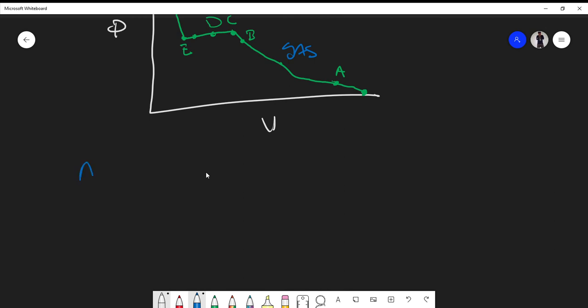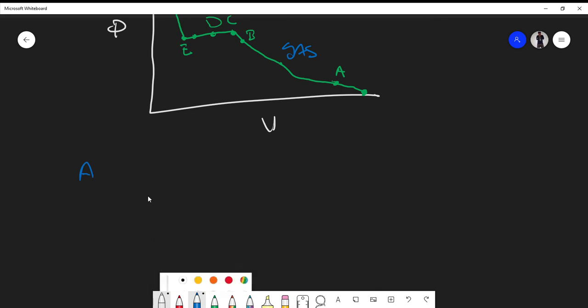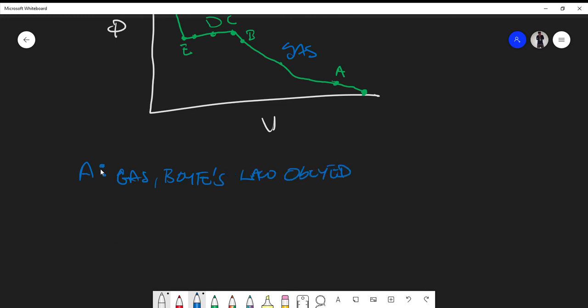Point A is the gas that actually obeys Boyle's law. Right? So this is where PV is equal to a constant.